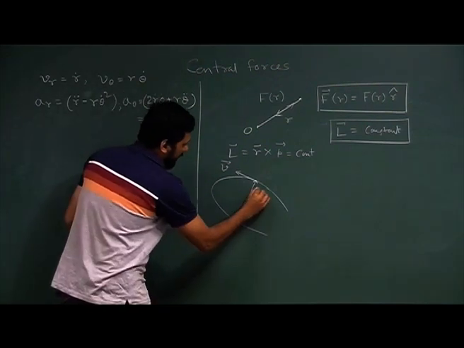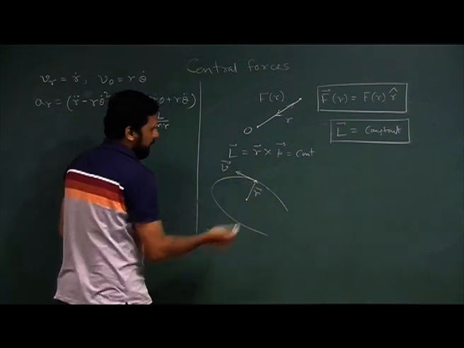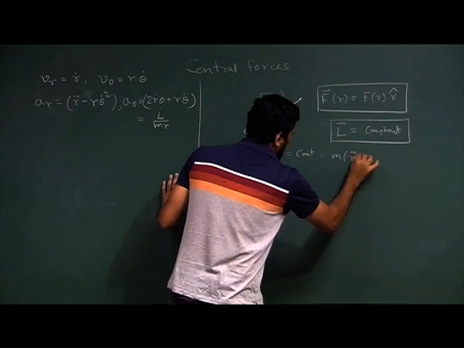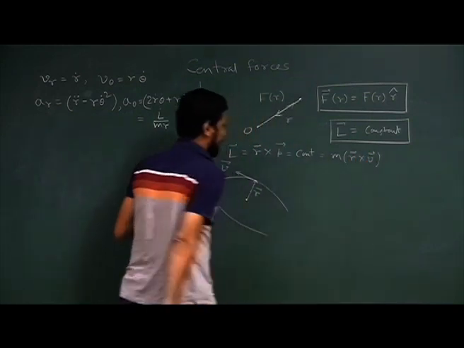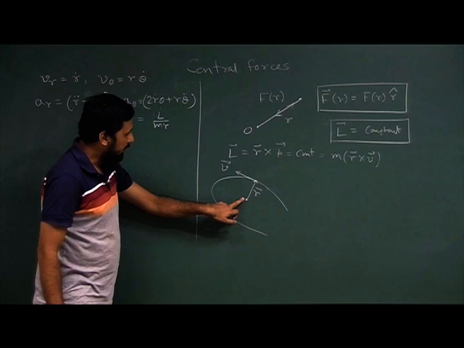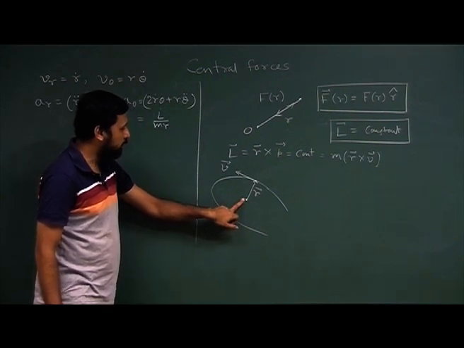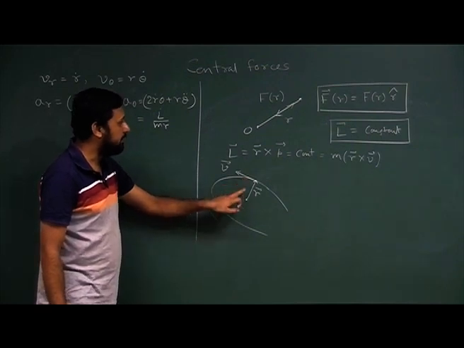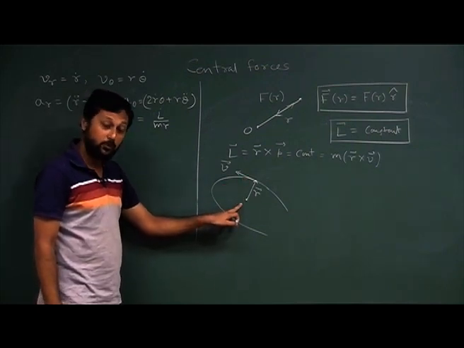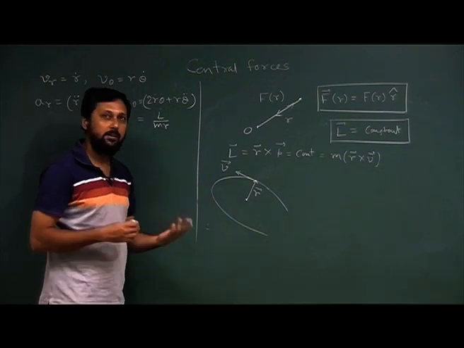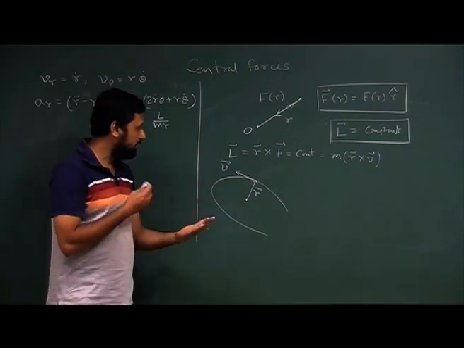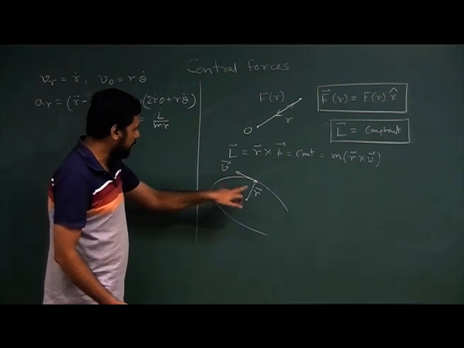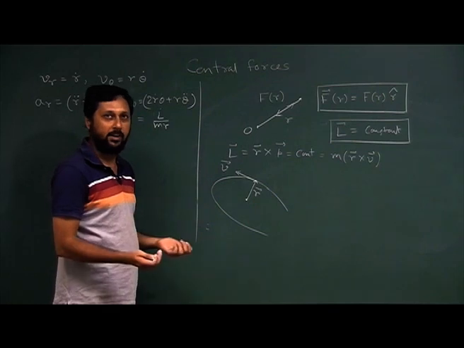Now, R cross P essentially means m times R cross V. So, R cross V, if it has to have a fixed direction, it is necessary that R and V lie in the same plane. If not, the magnitude might remain the same, but the direction of R cross V has to vary.